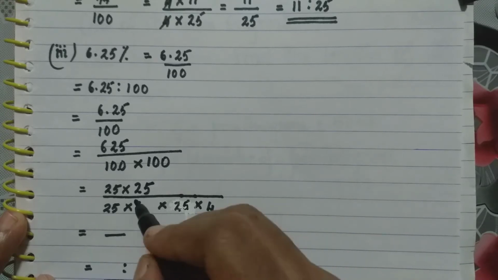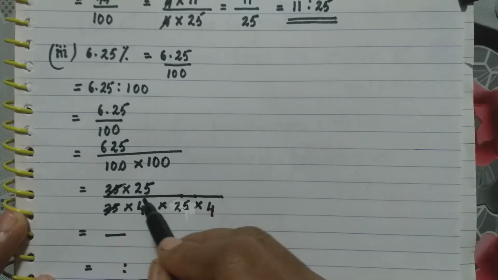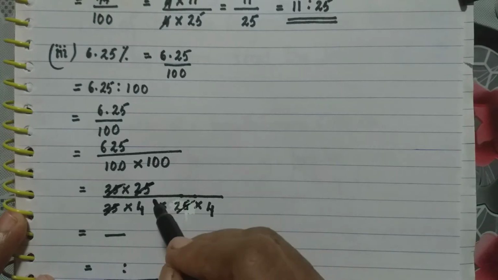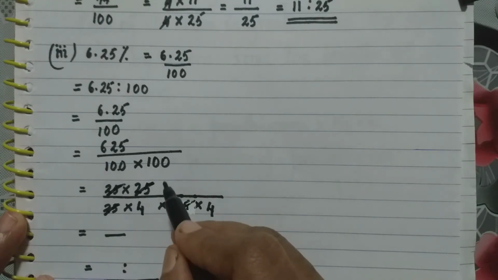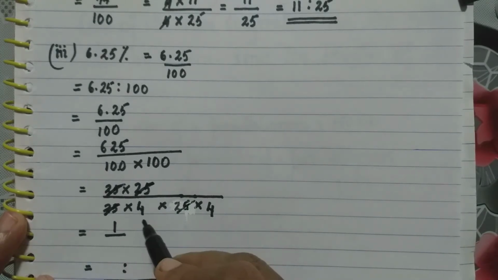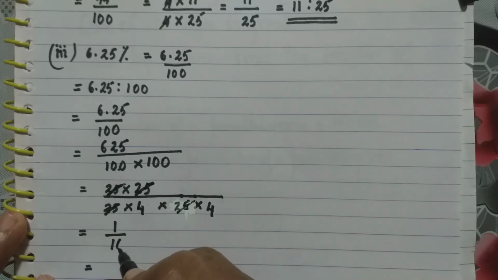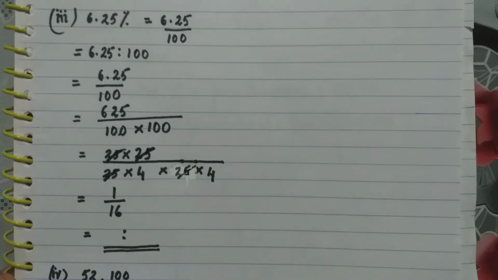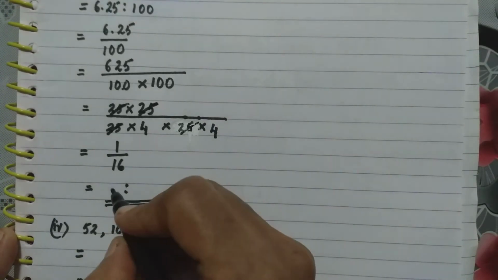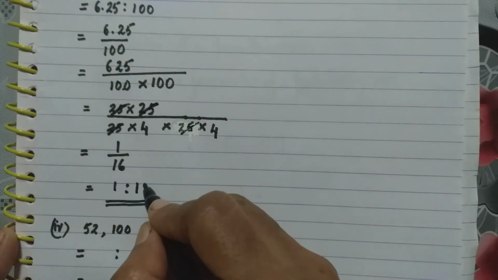Now once we write this, 25 cancel, 25 cancel. So what is left here? Only 1 in the numerator. In the denominator we have 4 into 4, which is 16. And therefore the ratio becomes 1 is to 16.